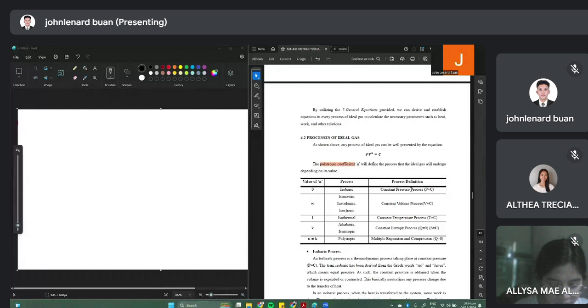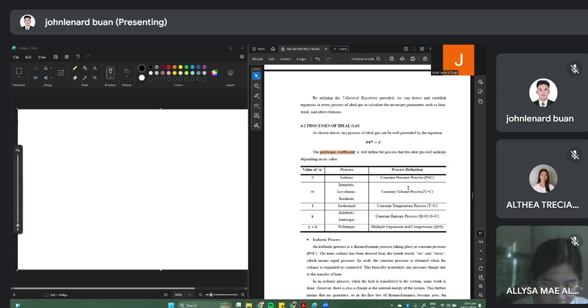When the value of n is infinity, we call the process isometric or isovolumic, also isochoric, which is the constant volume process.